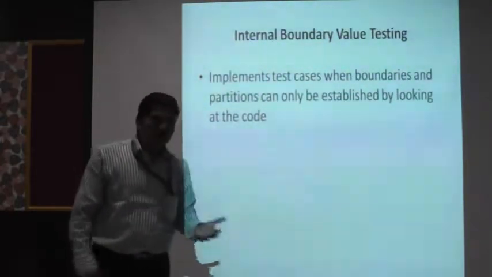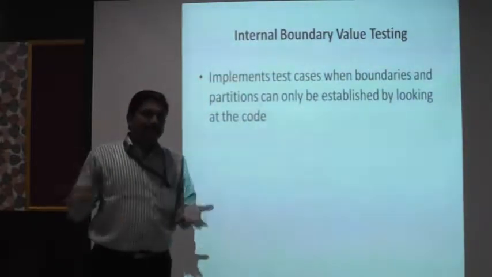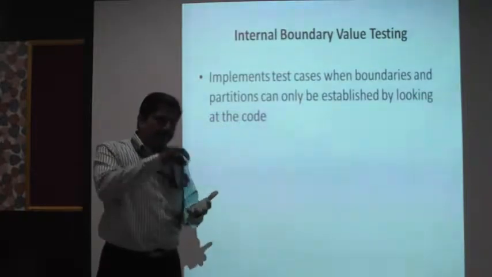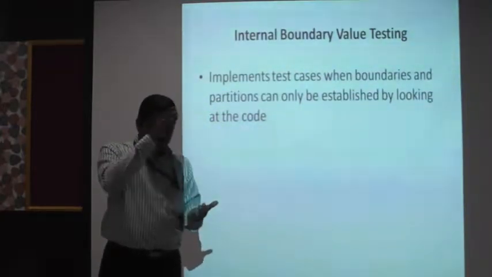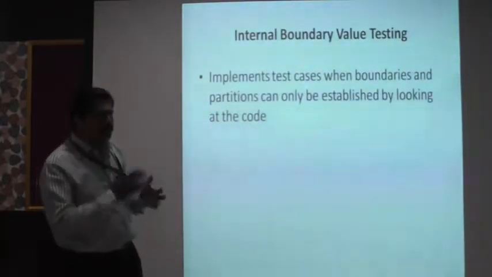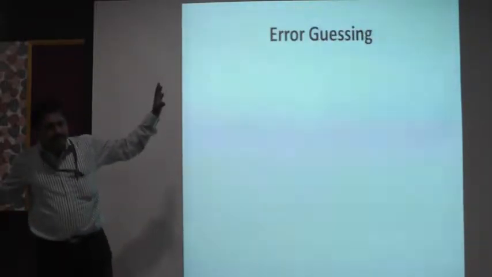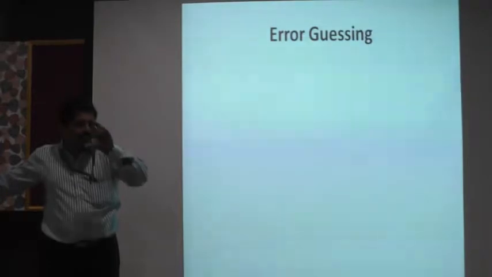So if anything goes wrong, the test case fails. The tester will be aware that he has to give an input only within the specific limits, between the lower limit and the upper limit. So that ends the white box testing category.